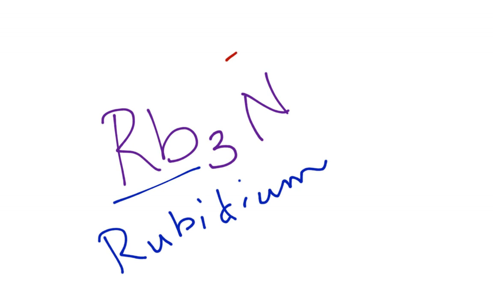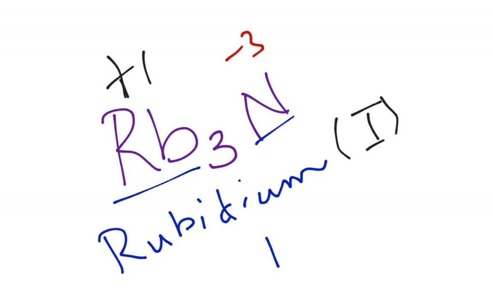We know that nitrogen is a -3. It likes to be a -3. We know that rubidium is always going to be a +1, because it's in that first group. We don't have to write it, but it's never wrong to write it, so we'll put the 1 there. It's going to have a charge of +1. Then we'll go with the non-metal. In this case, it's nitrogen, and since it's the only thing, we changed the ending to "ide", so it's nitride.